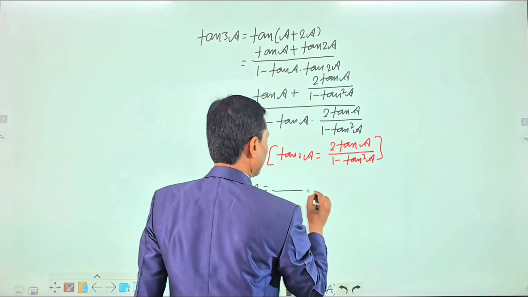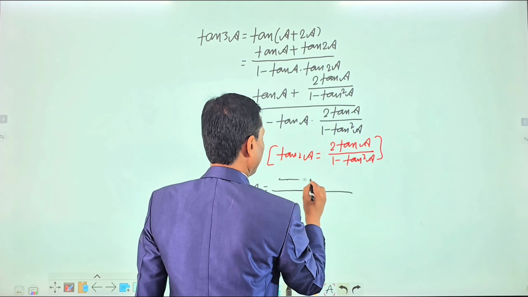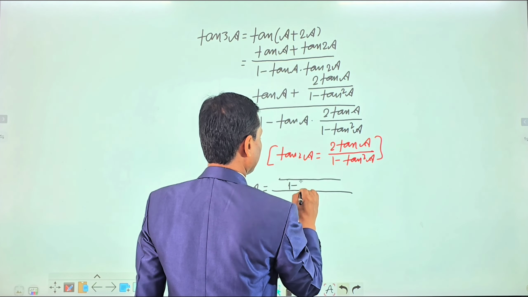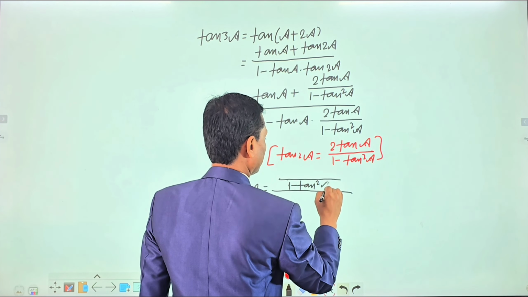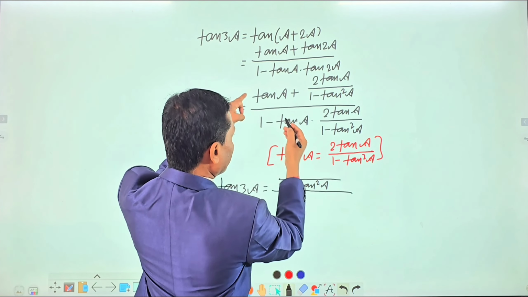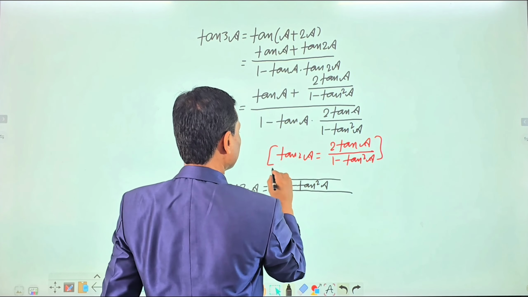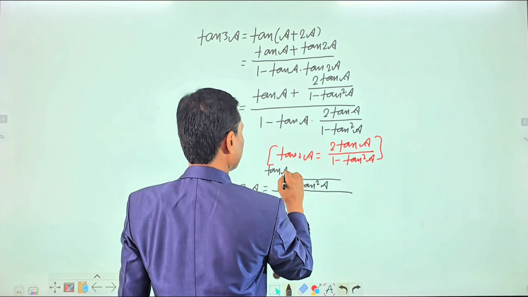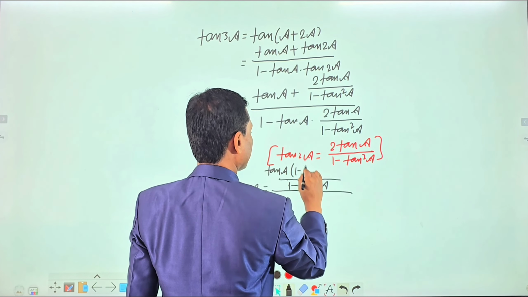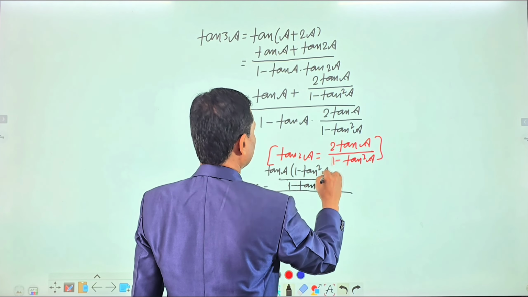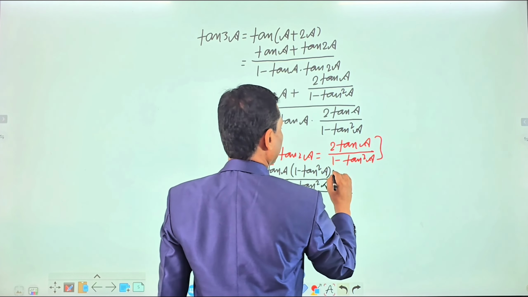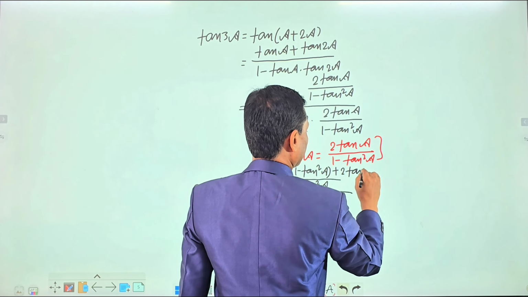So this is your main line, okay? Not to forget that. And here LCM is 1 minus tan square a. Right? So we can write here tan a inside the bracket 1 minus tan square a, and bracket, then you can write here plus 2 tan a.